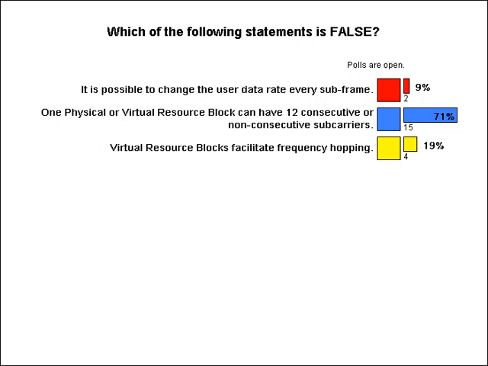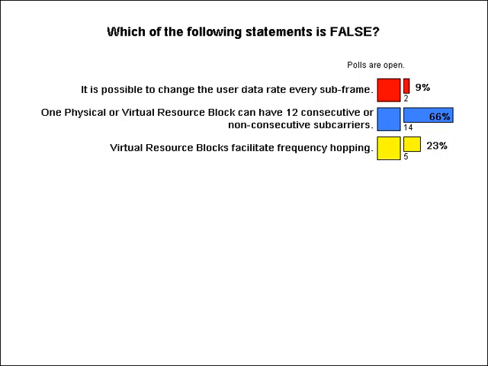Within a block, we will always have a dozen consecutive subcarriers. So the LTE system does not give you an option that, oh, go ahead, you can have distributed subcarriers. No, not possible. Within a block, always consecutive subcarriers, neighbors of one another. Okay, so that is not correct.